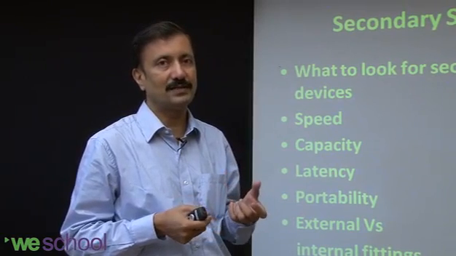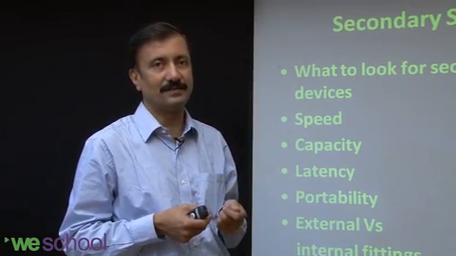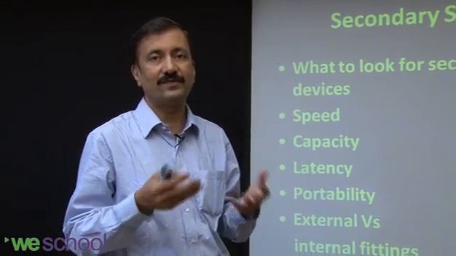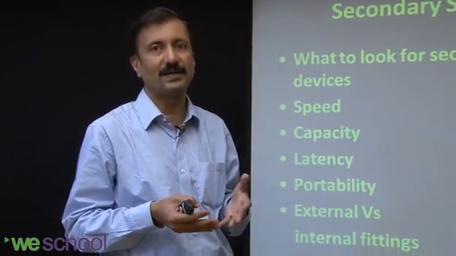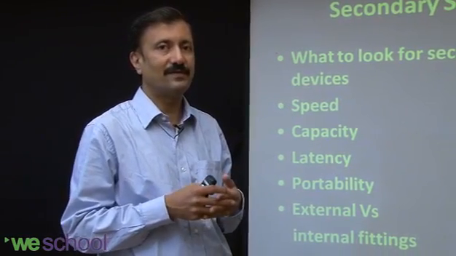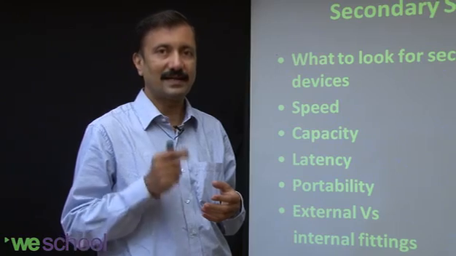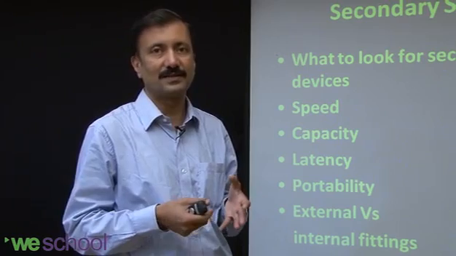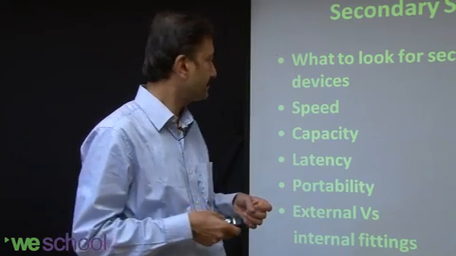So you choose a hard disk with minimal latency. For example, if I have a hard disk which rotates at 750 RPM, that's a typical speed which you get today, and then you have let's say a read-write access time of something like 20 milliseconds, that's an acceptable hard disk speed to look at.